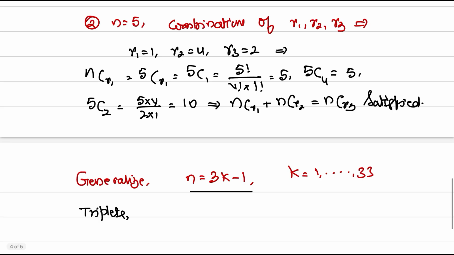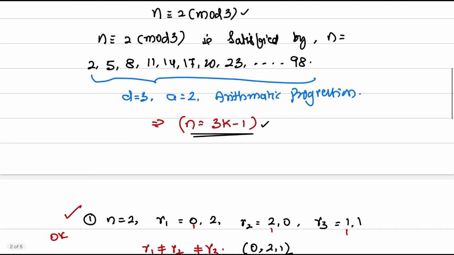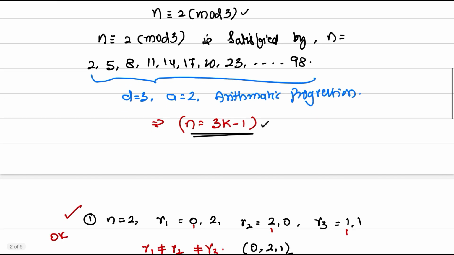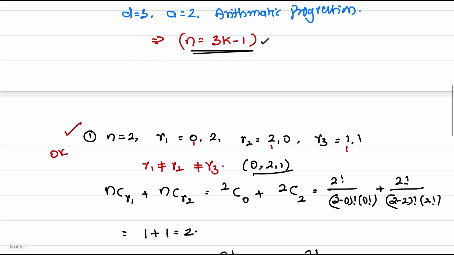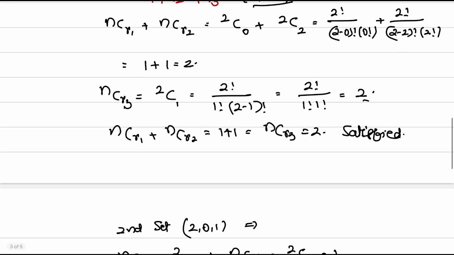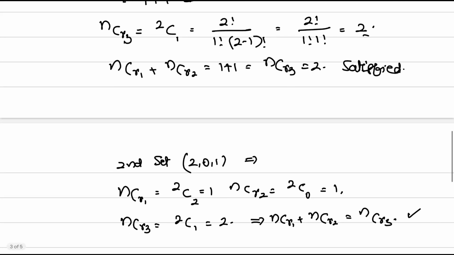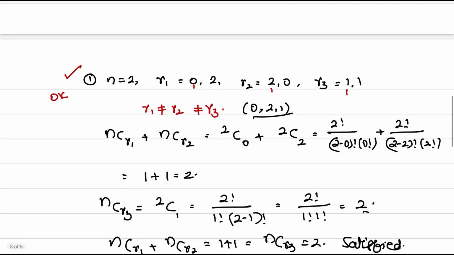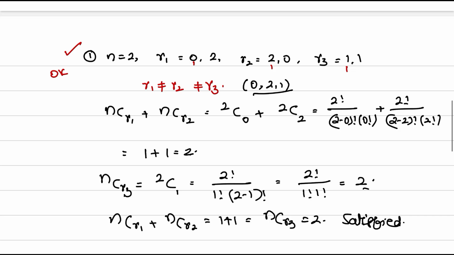For k is equal to 1, 3k minus 1, and n is equal to 2, what are the values we have got?